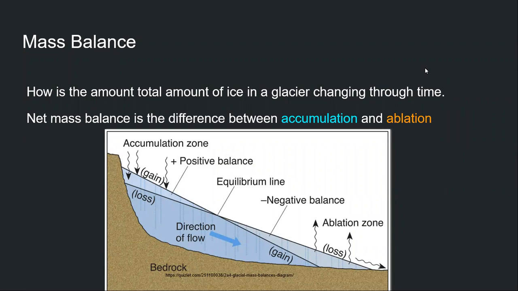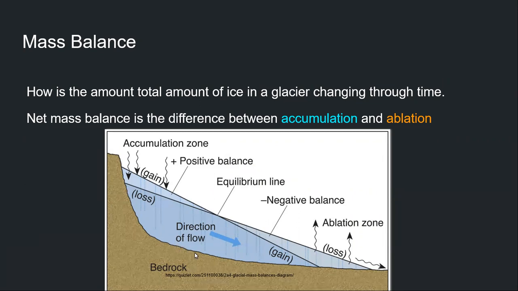If you have more accumulation than ablation, so the glacier is creating more ice than it is melting away, then that net mass balance will be positive. If the glacier is losing more ice than it creates, then that net mass balance will be negative.